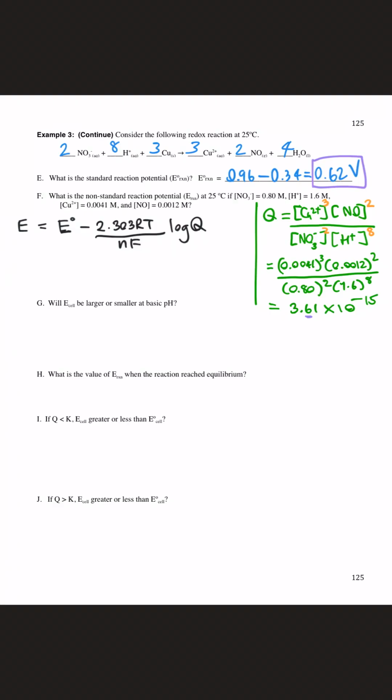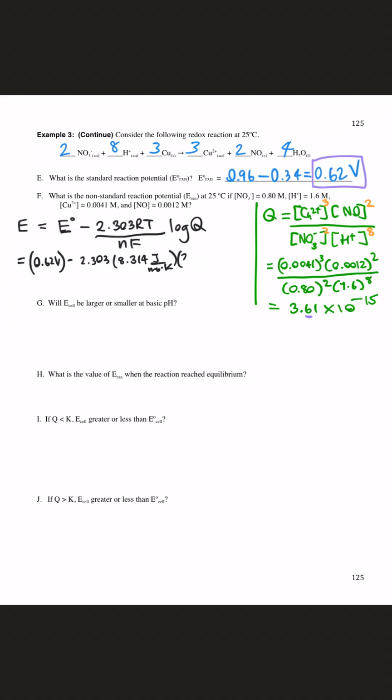The next thing you will need to do is plug this into the Nernst equation, which is going to equal the standard reduction potential that we calculated, 0.62 volt, minus 2.303 times R, which is 8.314 joule per mole per Kelvin, times the temperature, which has to be in Kelvin.